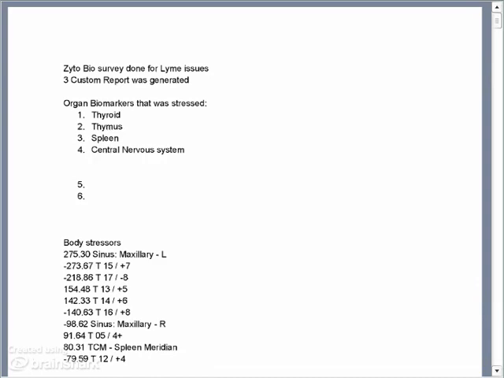So when we did the Zyto bio survey, it goes over multiple markers, 76 biological markers, and it assesses 4 million impulses per their software, and it marks what was in range and what was out of range.